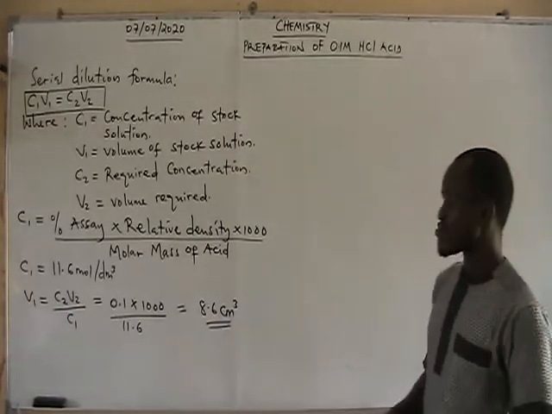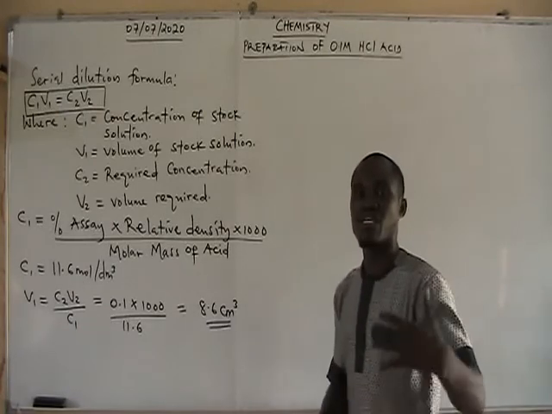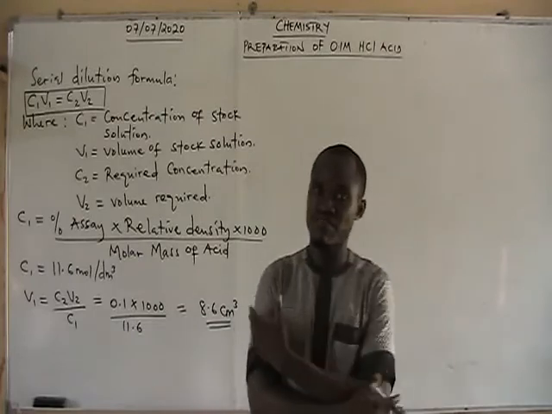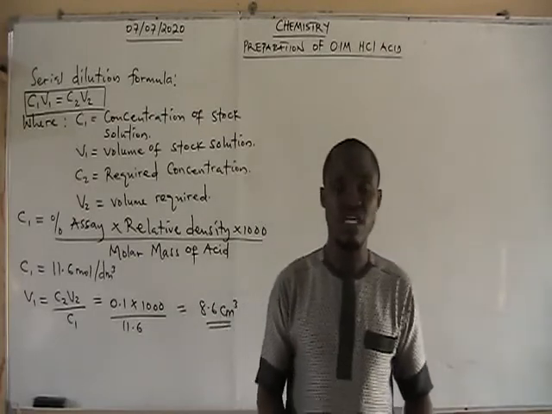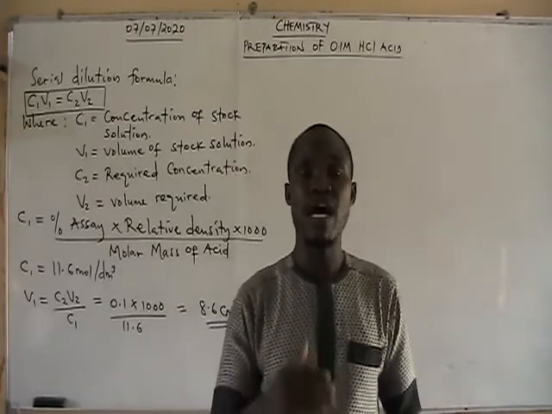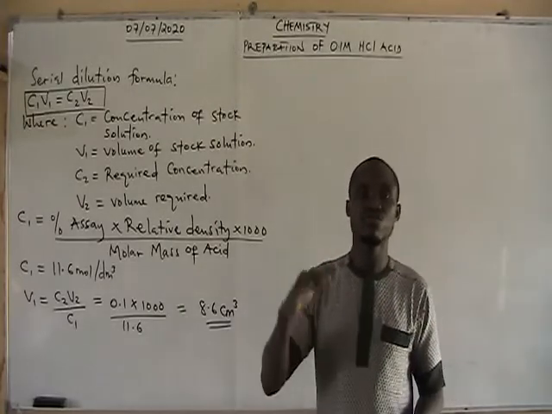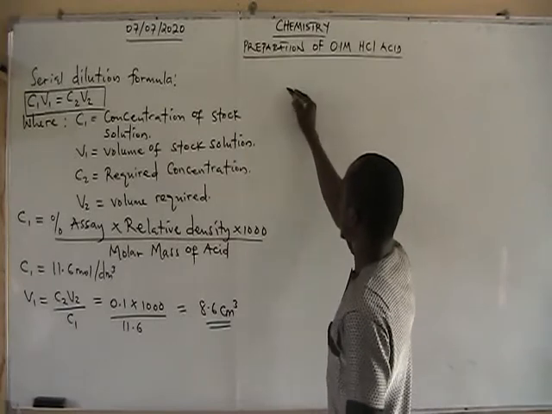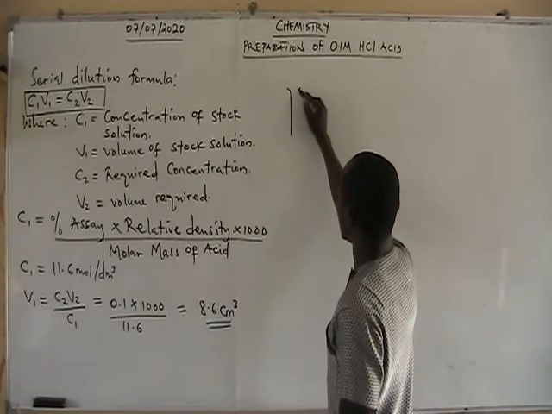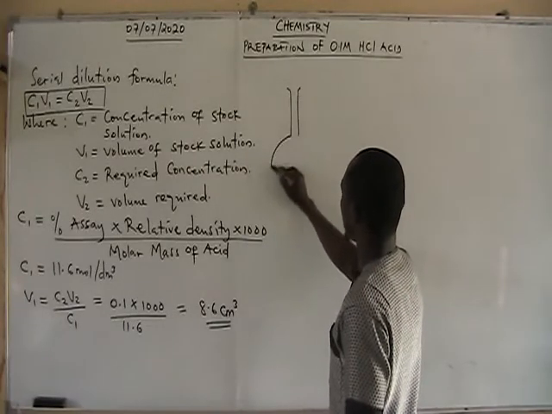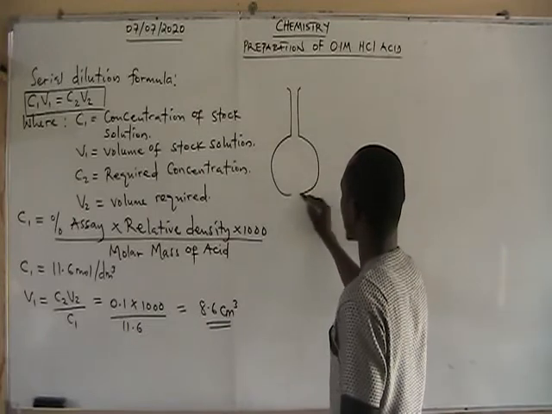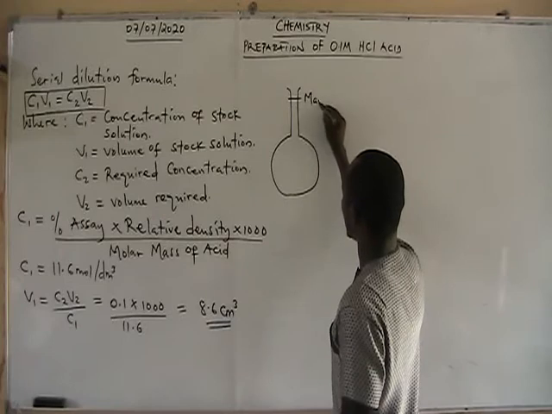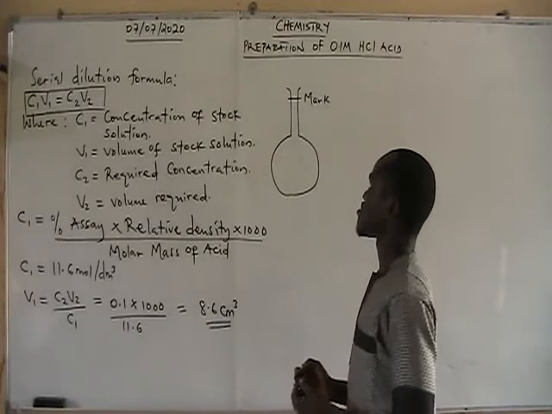When you do that, you transfer it to the standard volumetric flask using the transfer funnel, and make sure that you do not exceed the mark on the flask. This is the flask, and here there is a mark which you must not exceed.